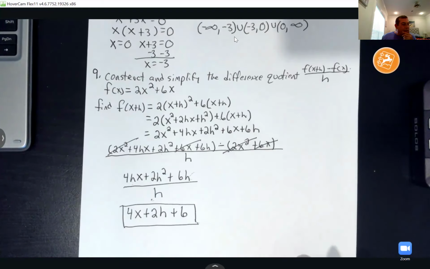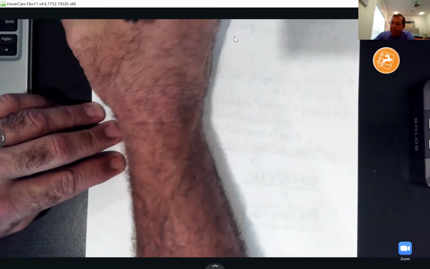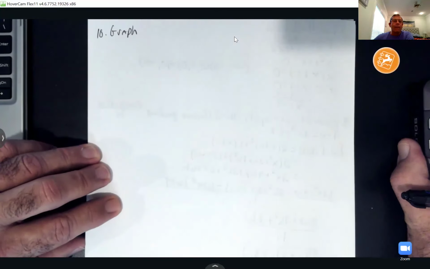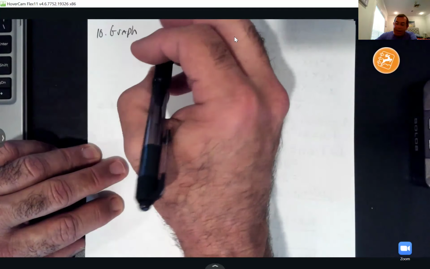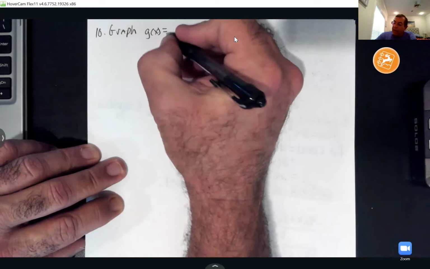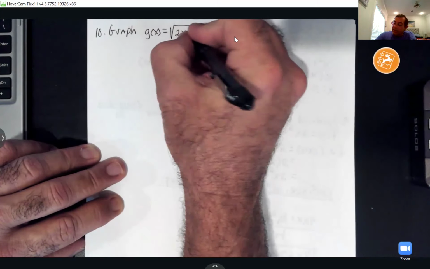All right, y'all, let me see. Number 10 is a graph. And on this one, they want us to graph g of x equals a square root 2x minus 6.